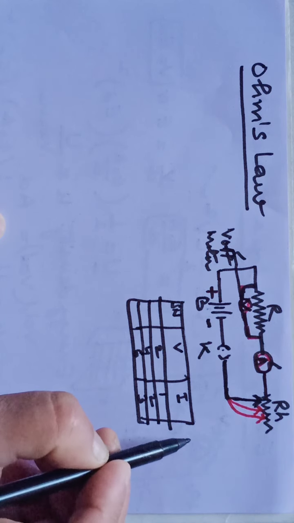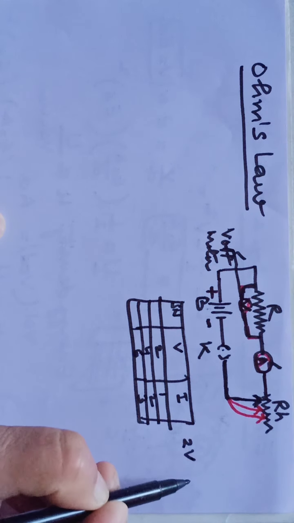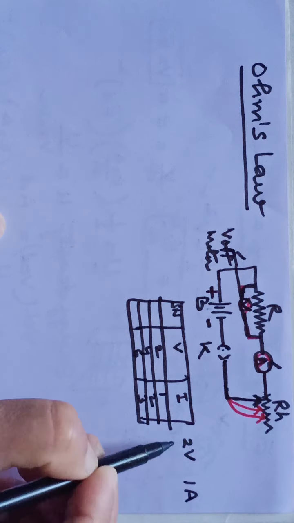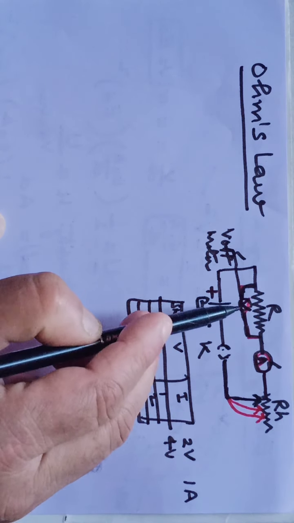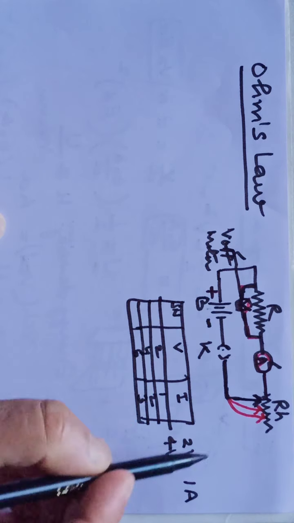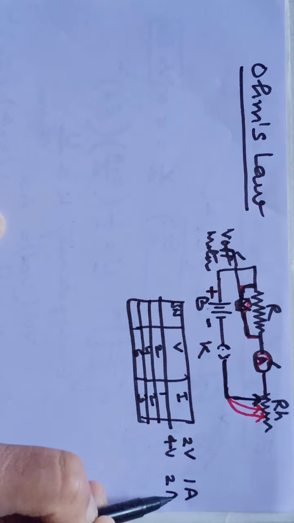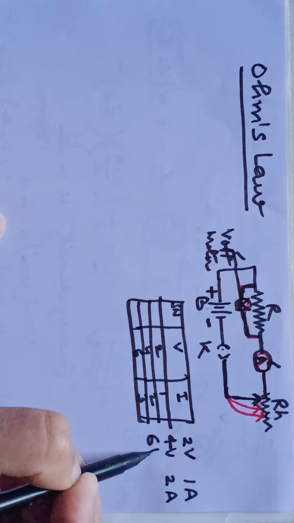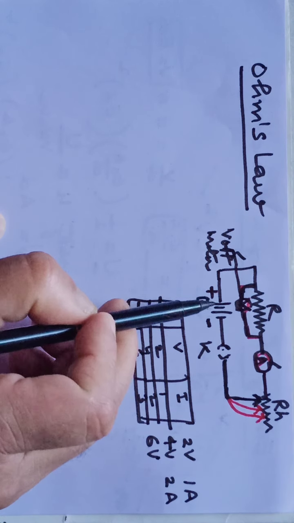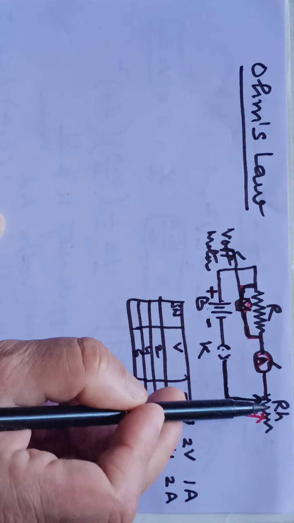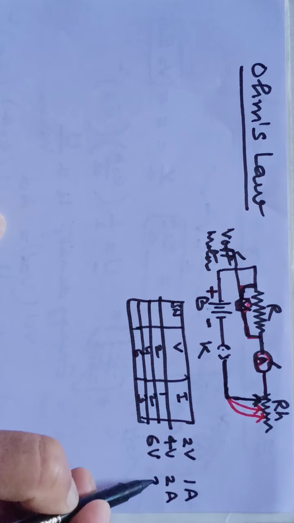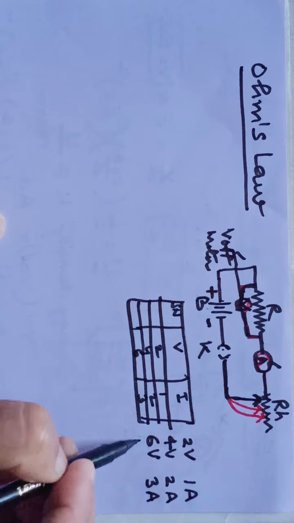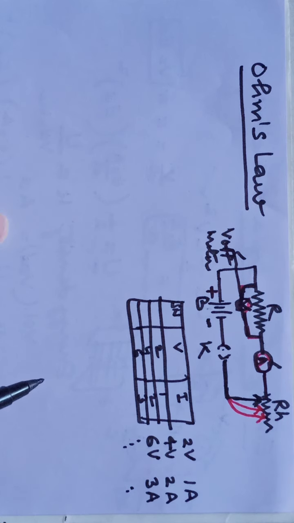So if voltage is 2 volt, current is 1 ampere, 4 volt recorded by the voltmeter, then current becomes 2 ampere. 6 volt potential difference is given by the battery by means of sliding this rheostat, then the current becomes 3 ampere, and so on. We get a set of readings.